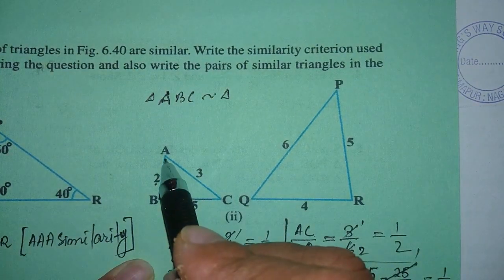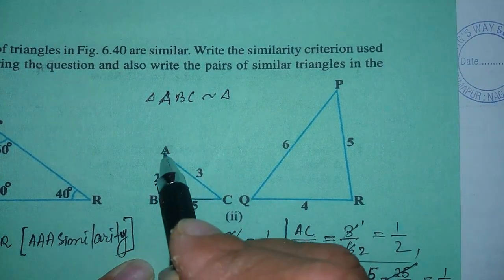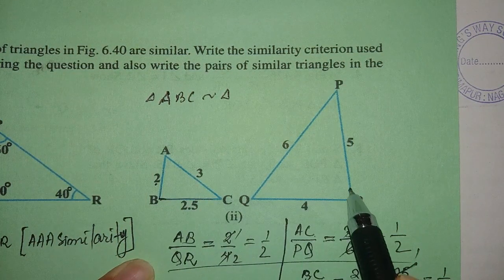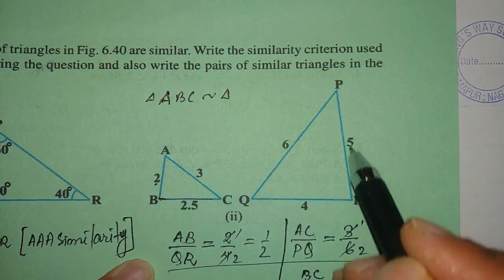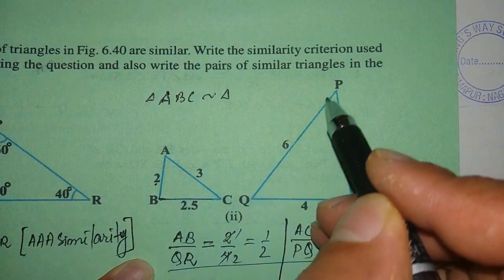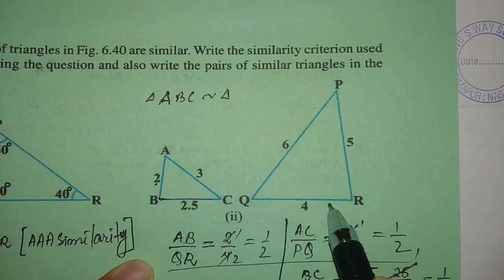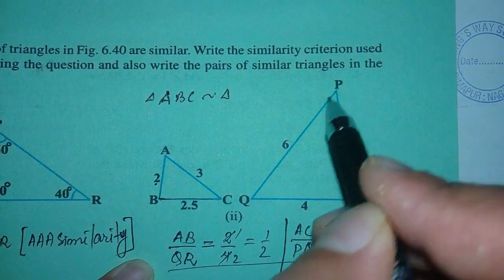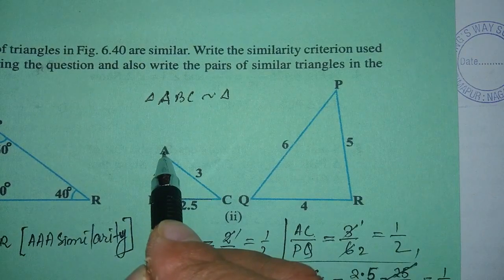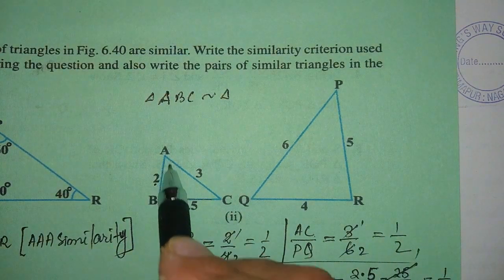So I'm going to write here ABC. Since I have mentioned here triangle ABC, now I have to write here QRP. I cannot say RQP, because if I say RQP, then I'm going from the shortest side to the longest side. In that case, here also I have to go from the shortest side to the longest side, so I would have to write triangle BAC.